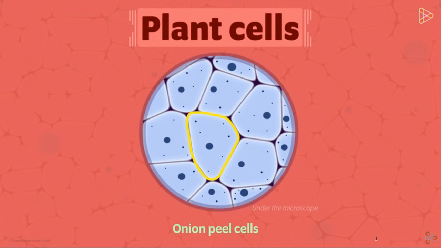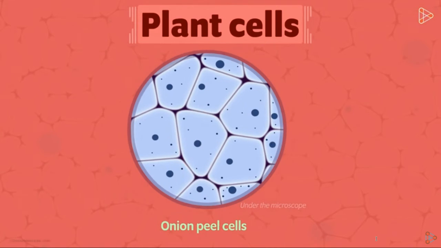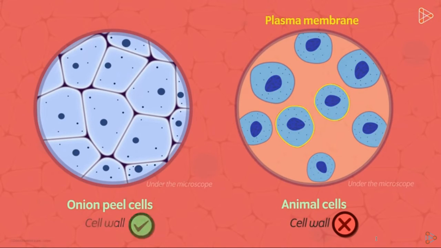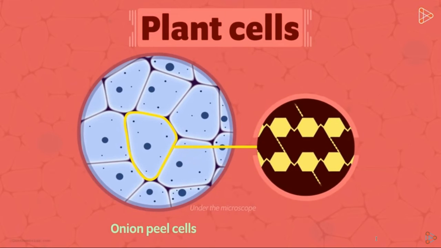Now let's move ahead to know about the cell wall. Do you think all cells have cell walls? Well, the answer is a no. That's because animal cells do not have cell walls. An animal cell only has the plasma membrane and not the cell wall. The cell walls act as protectors for plant cells. It's composed of a non-living rigid structure that is cellulose.